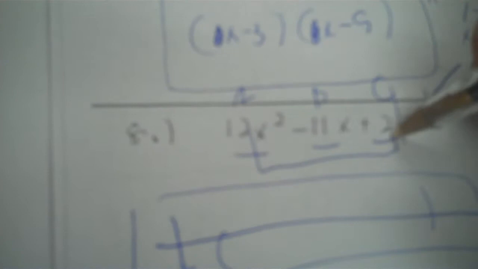There's no x, there's no negative. 12, 11, and 2 is just in the first row. 12 times 2 is 24. This is positive, okay? So it's a match. And you're adding to negative 11.